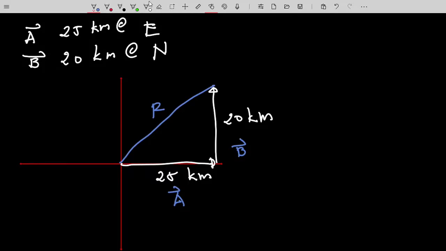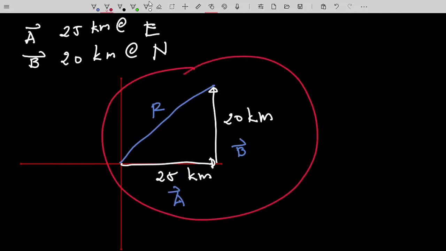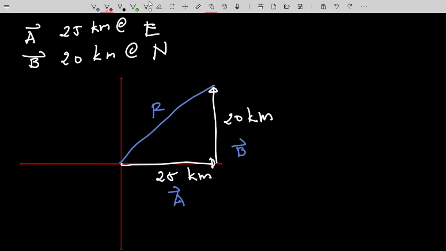For this example, we want to know the magnitude and the direction of your resultant first. The first thing to do is to look at this figure. We know that this is an example of a right triangle. Whenever you have vectors like this, or a right triangle, we are simply going to use the Pythagorean theorem, which has the formula c squared equals a squared plus b squared.